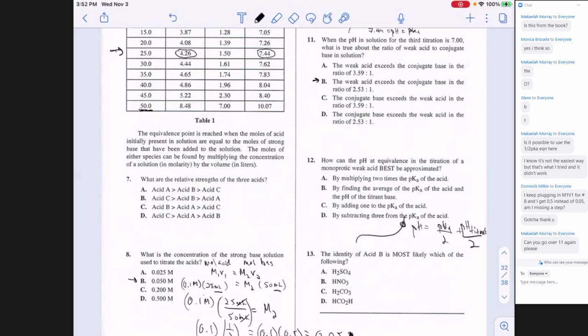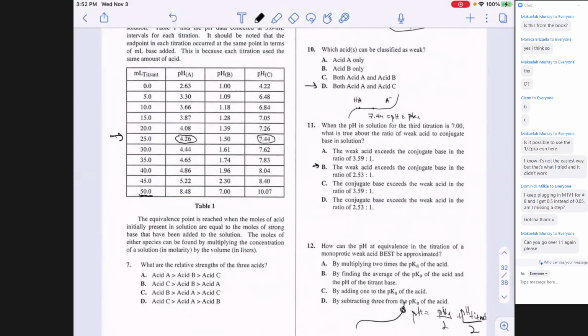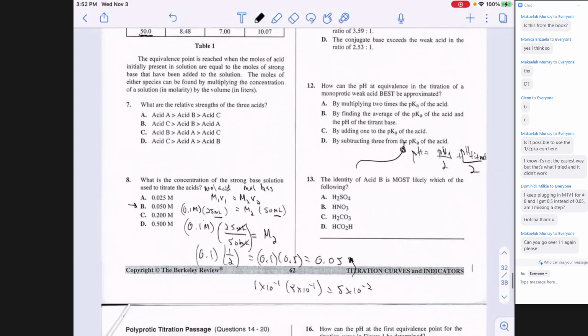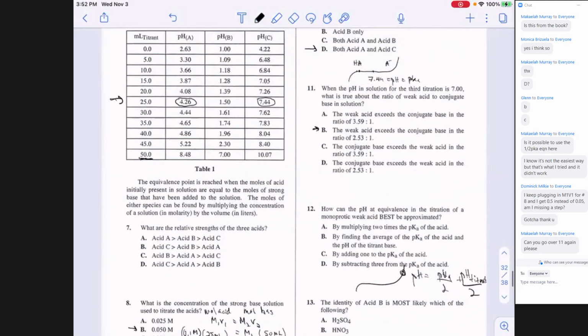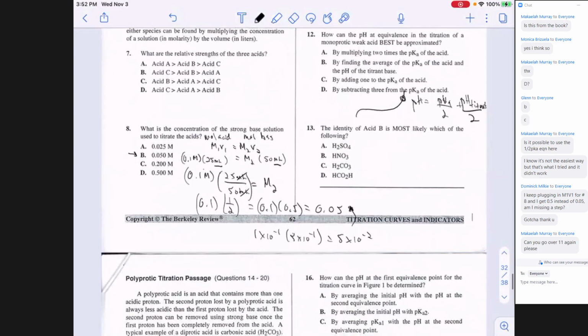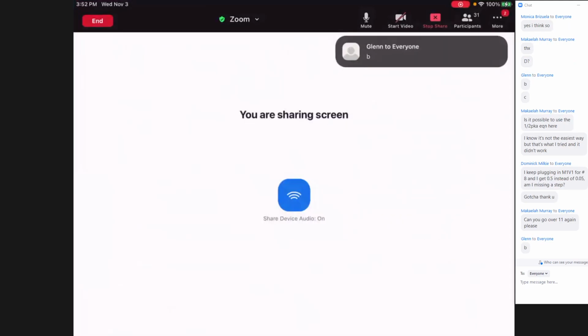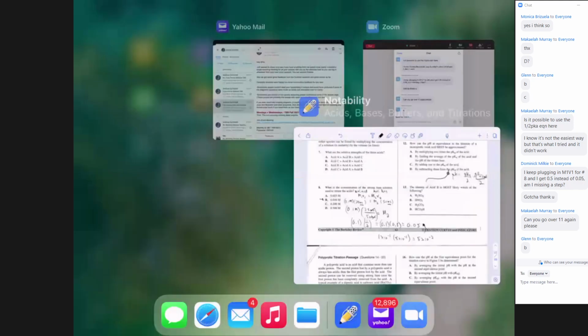And 13, the identity of acid B is most likely which of the following? B we know is a strong acid. And it looks like it's monoprotic, right? There's only one strong acid here that's monoprotic. Sure, I can go back to 11.